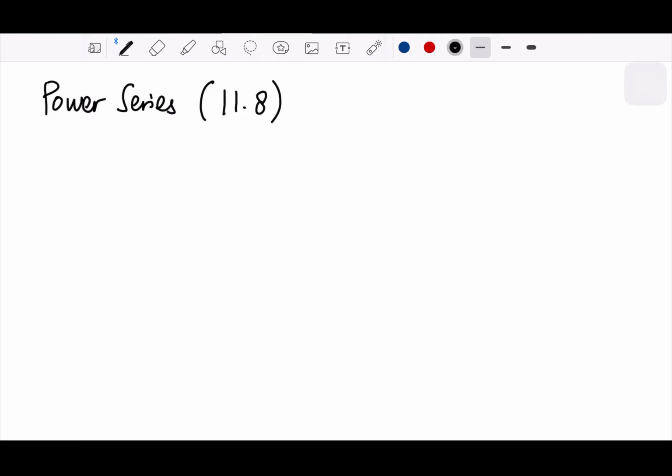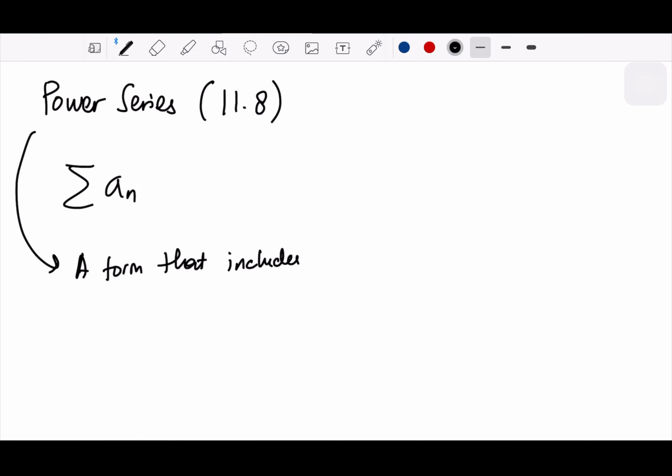So the series that we have learned so far, we have a sequence, and then we have a sum, a series, right? So what is a power series? A power series is a form that includes a variable x. We can write the form like a sum of c_n x^n, and c is just a constant.